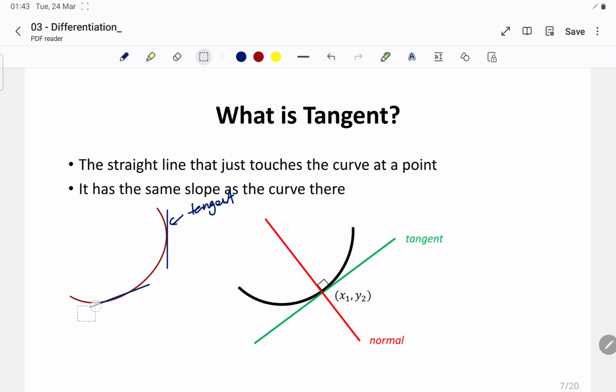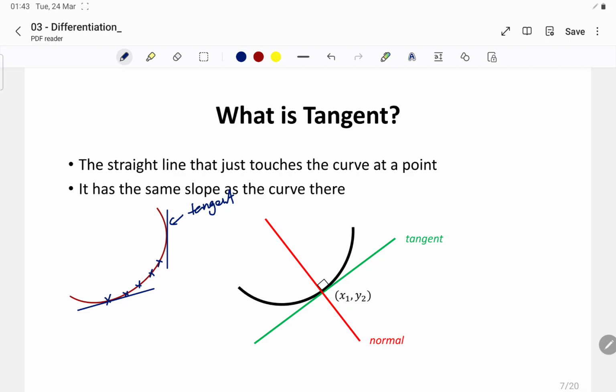Yeah. It can be a tangent, but it must touch the curve here. So it must touch the curve, then it is a straight line like that. So that is a tangent. Doesn't matter where the curve is, as long as on this curve it has a point, right? And then you have a straight line that touches this point, then it is called a tangent.